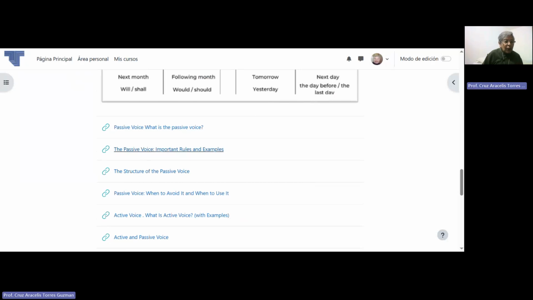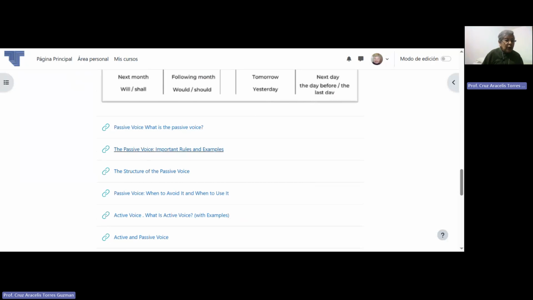Passive voice is used when the agent is known, but the speaker or writer does not want to mention it. Also, passive voice is often used when the agent is very general, such as people or something. So, passive voice is used when the speaker or writer wants to emphasize a result or the receiver of the action instead of the performer.